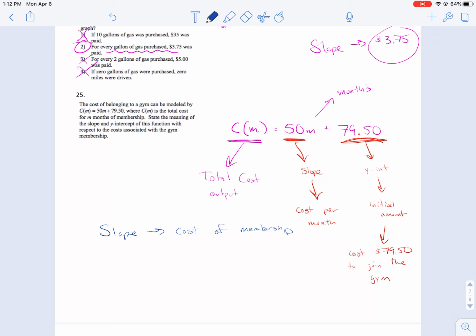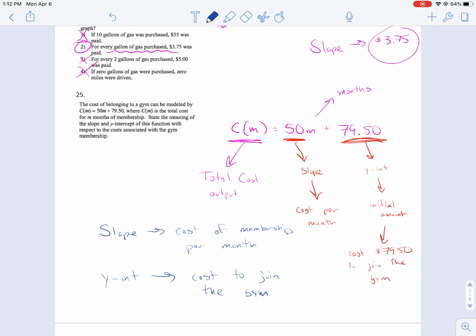Let me write this over to the side here. As far as slope, cost of membership per month.